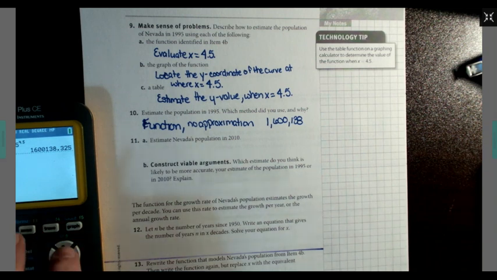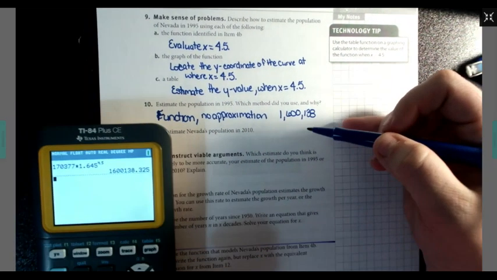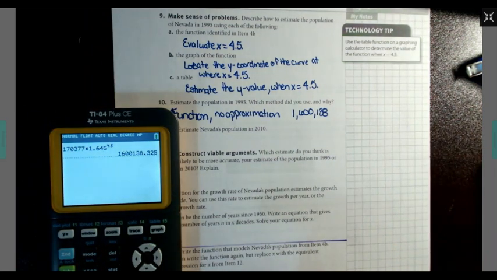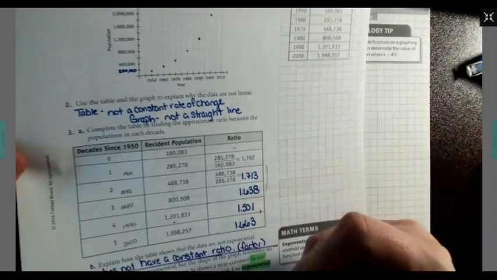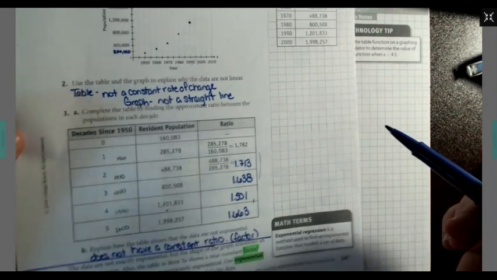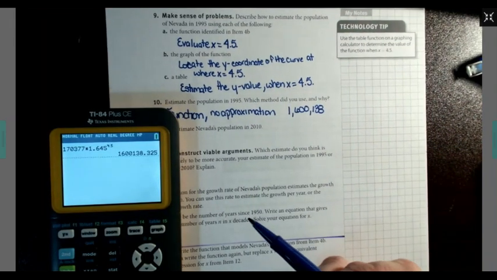All right. Estimate Nevada's population in 2010. Now, we already know that in year 2000, that was 5 decades. So if I want to find 2010, I would need to do 6 for the number of decades.